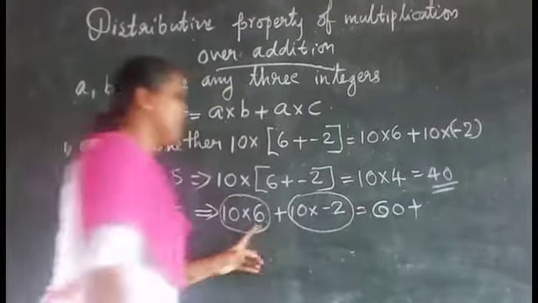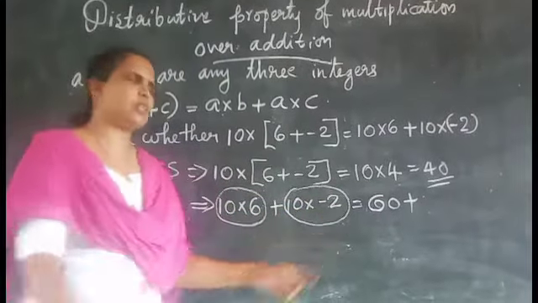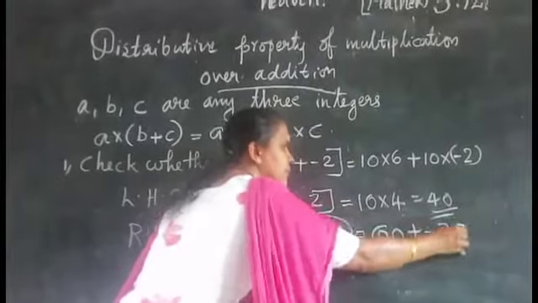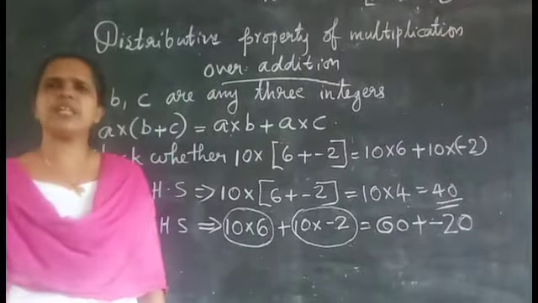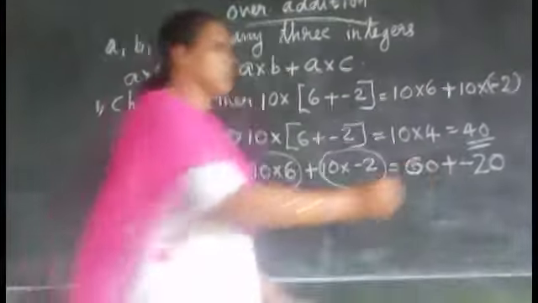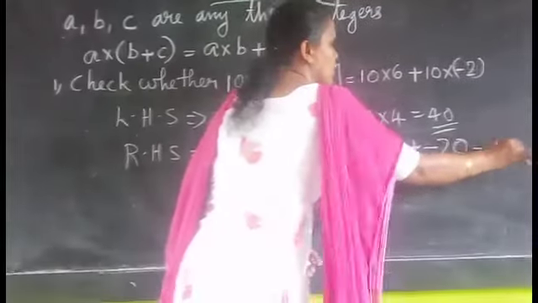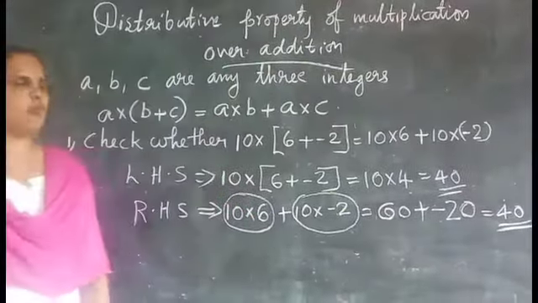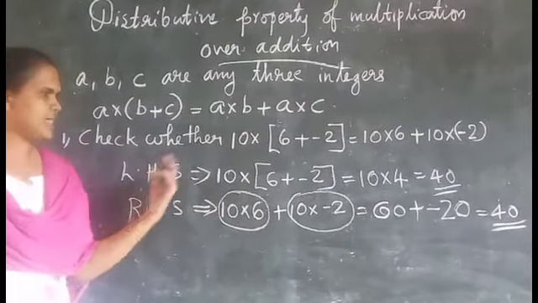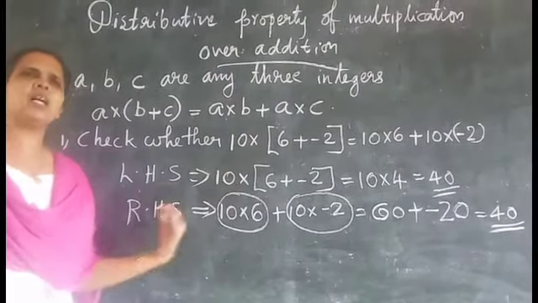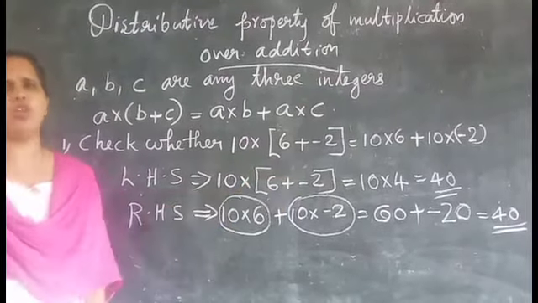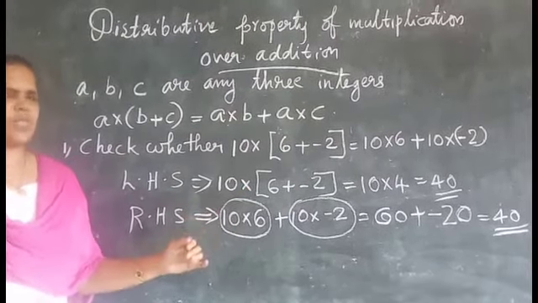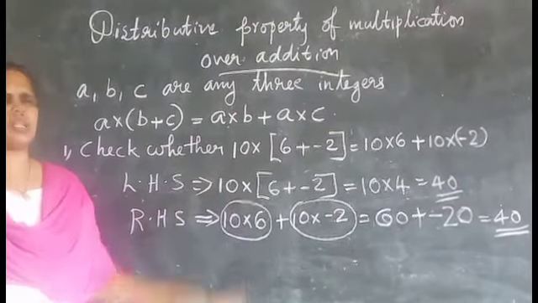60 plus 10 into negative 2. What is the answer? Negative 20. 60 plus negative 20 is equal to 40. That means the LHS answer is 40. The RHS also is equal to 40. So from this, what you can understand is that these two parts are the same.